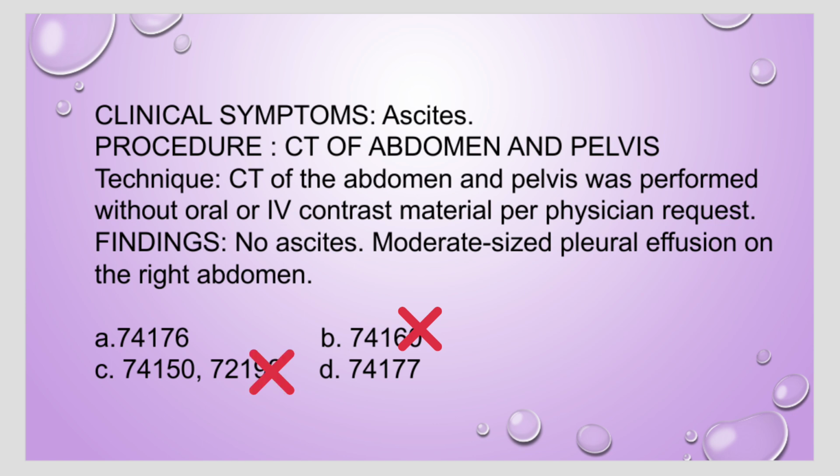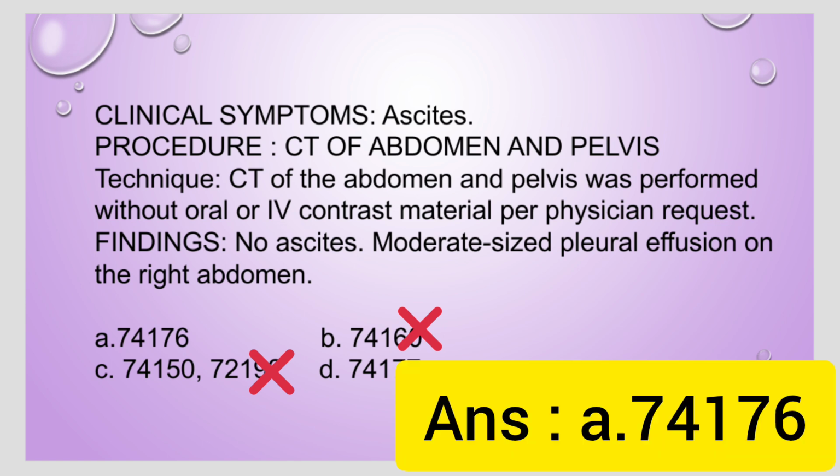So we can eliminate this option. Correct answer is 74176. For confirmation, we'll check the remaining option, that is option D, 74177. It is for CT abdomen and pelvis with the contrast. So we can eliminate this as well.